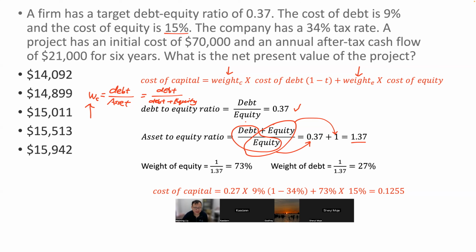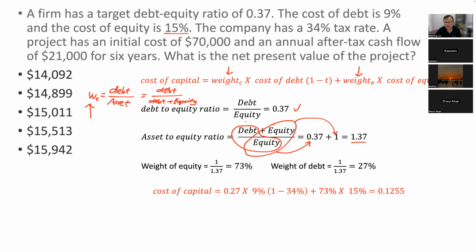Now with this information, it's very easy for us to calculate the net present value. Again, for the present value of the ordinary annuity, we use the formula.